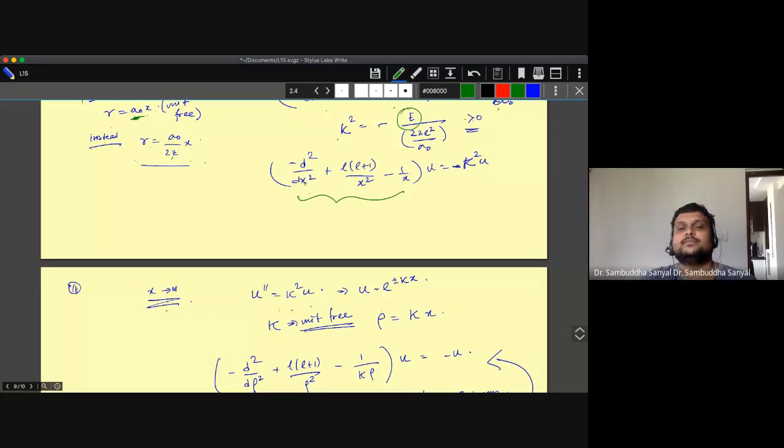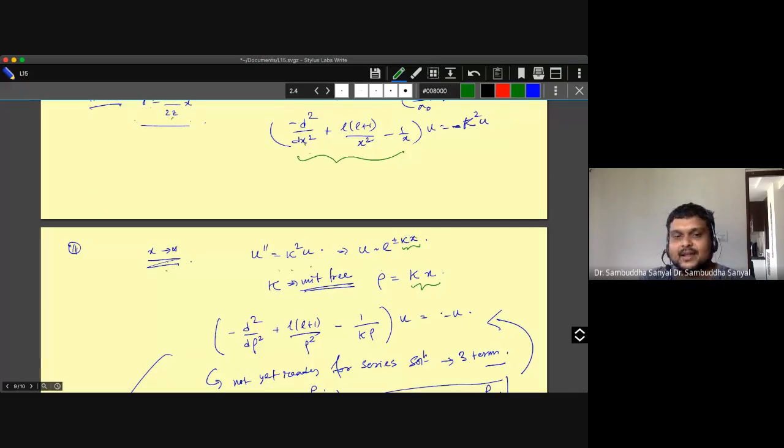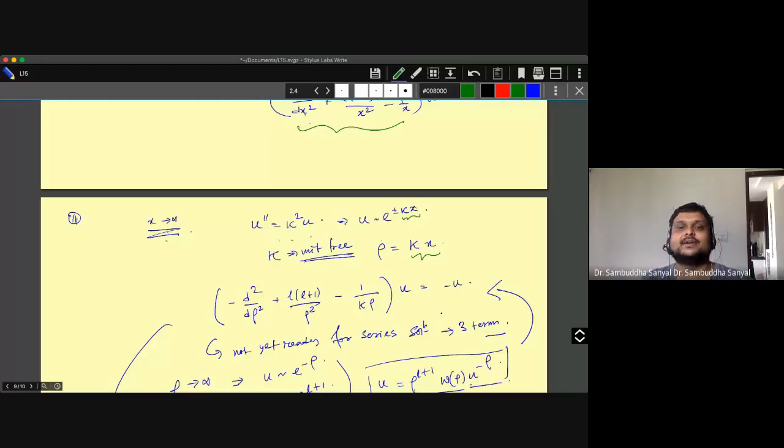This also tells you that I can have another level of simplification. Both of these are unit-free, so I can call it a new dimensionless quantity called rho, which is kappa x. This is just another level of simplification, and we'll see that it will help us. A cleaner looking equation is much easier to deal with than one with h bar and m and all that handling here and there.